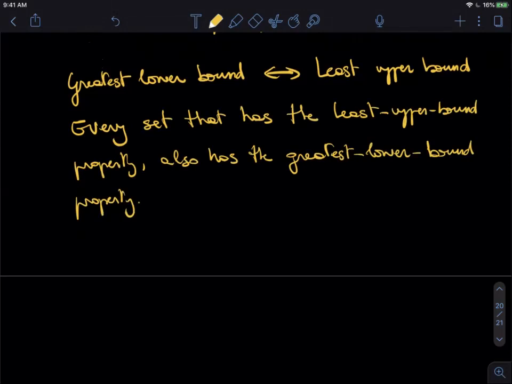This is just in case someone was thinking that we should also consider the greatest lower bound property. There's no point because if you have one, you have the other one too. This is a theorem, but this we will cover in the next video with the proof.